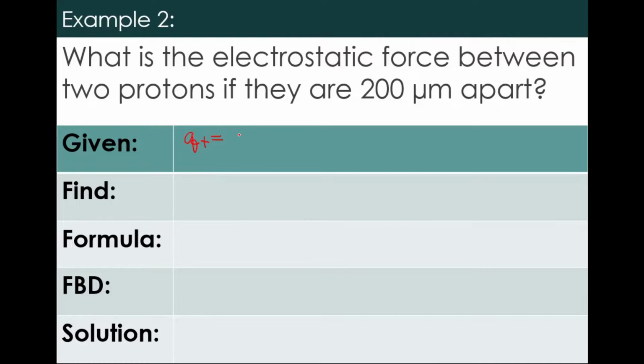So we have a constant value for a proton, and that is positive 1.6 times 10 to negative 19 coulomb. Take note, you need to remember this constant value for charge. It's positive if it is a proton and negative if it's an electron.